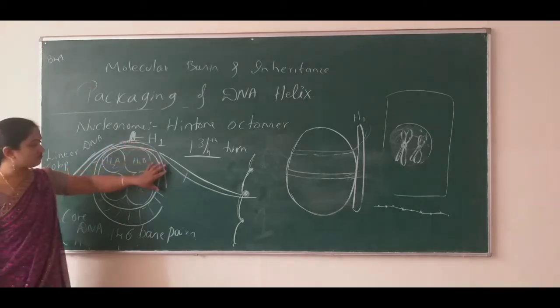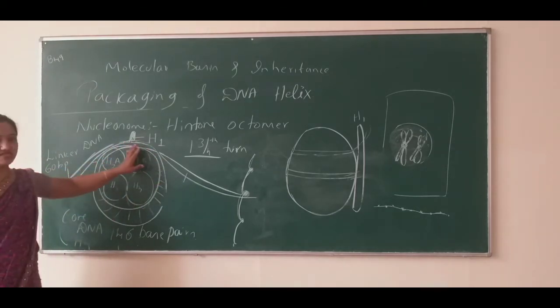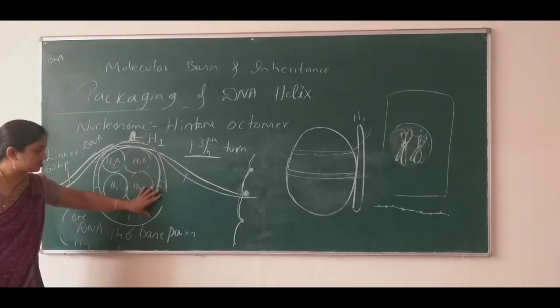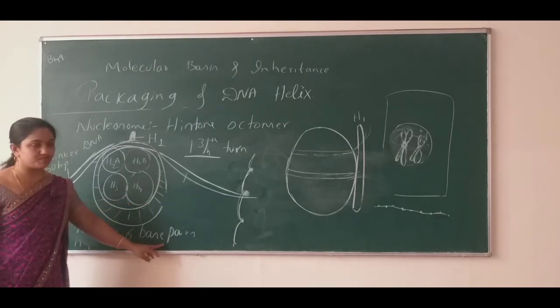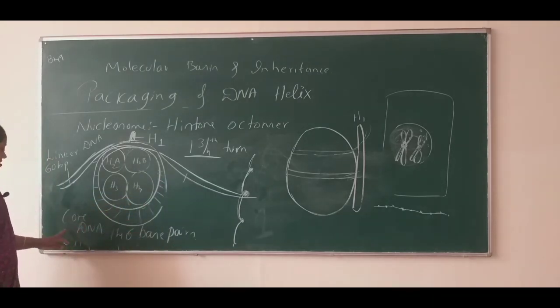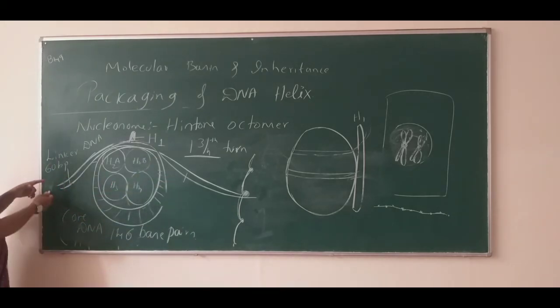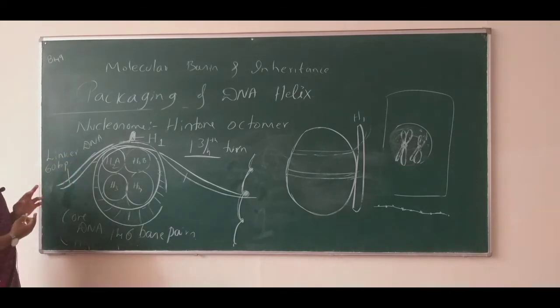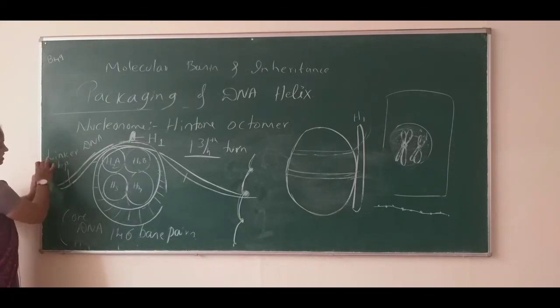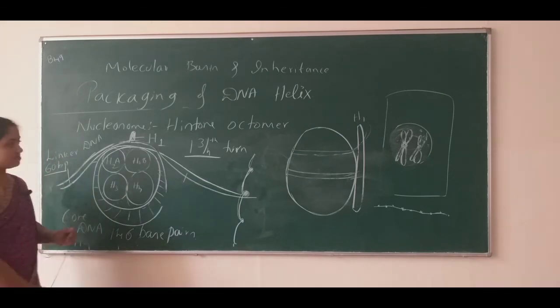So in the DNA strand, 146 base pairs are present in the core DNA, and the strand which is not wrapped to the histone octamer is known as linker DNA, with 60 base pairs.